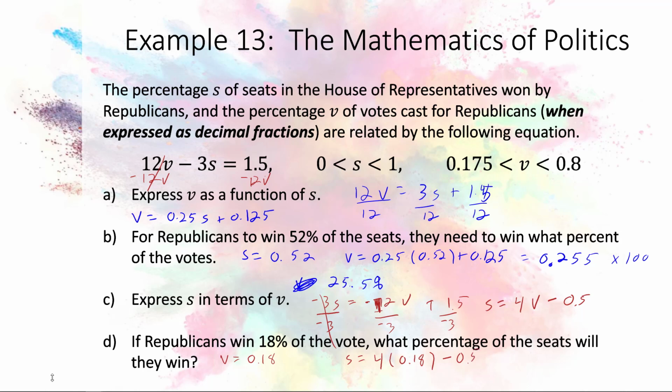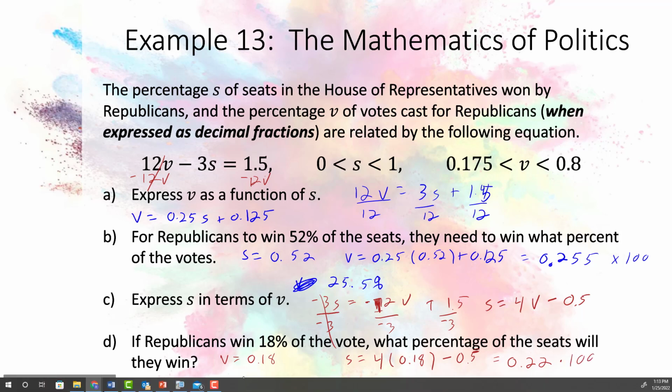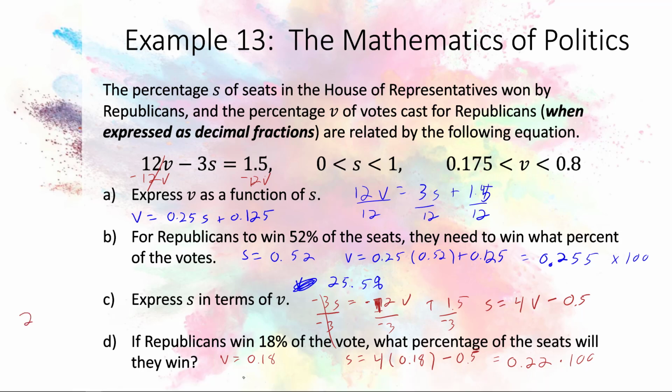And that's going to be equal to 0.22. That is S. Well, if S is 0.22, that means that the percentage of seats that they will win will be that times 100, or 22% of the seats.